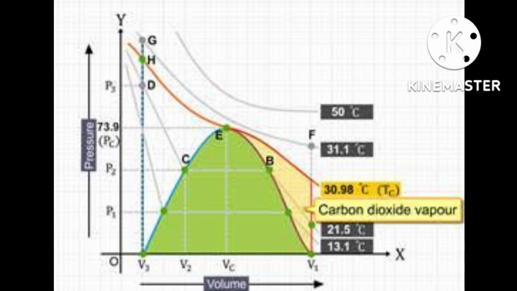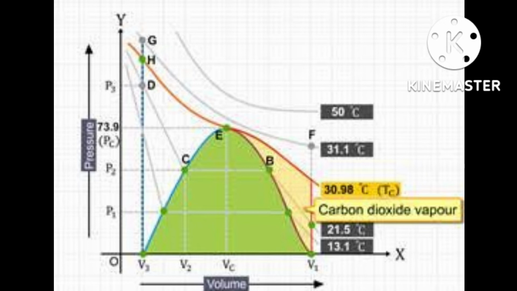liquid. That's enough. Now again further you just understand, all the gases upon compression at constant temperature, that is also called isothermal compression, show the same behavior as shown by carbon dioxide.